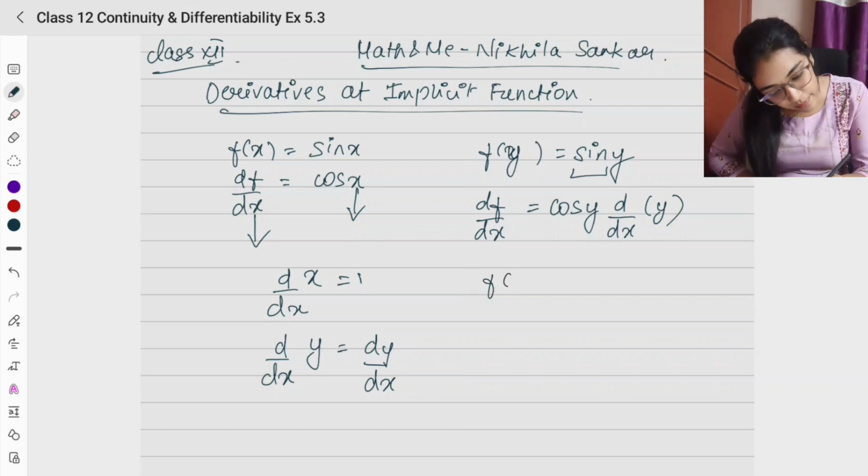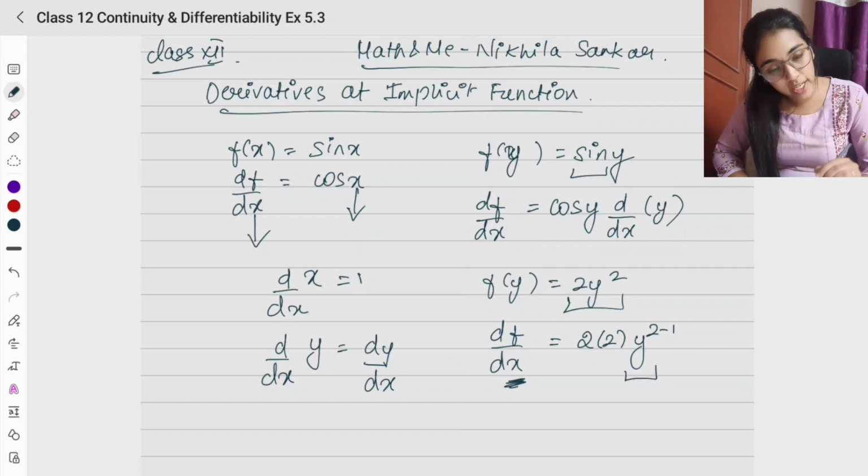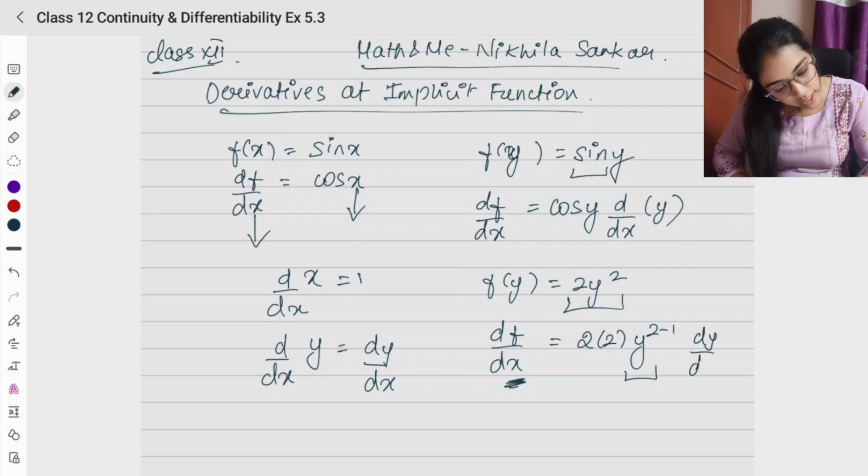So anyway we are going to deal with such functions. So for example, if your f of y is going to be 2y square, then what will our differentiation be? df divided by dx. Your variable of differentiation is always x. So this is going to be normal differentiation. So you have 2y square, so the 2 comes down. So 2 times 2 into y, what will the power be? 2 minus 1. But here you have y and not x. So what will happen here? dy divided by dx.